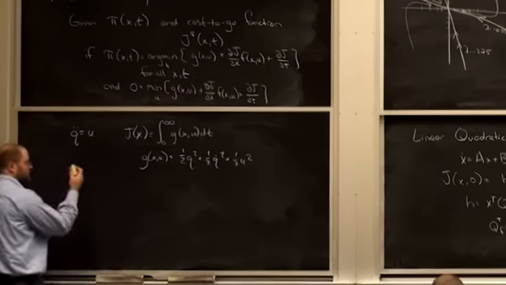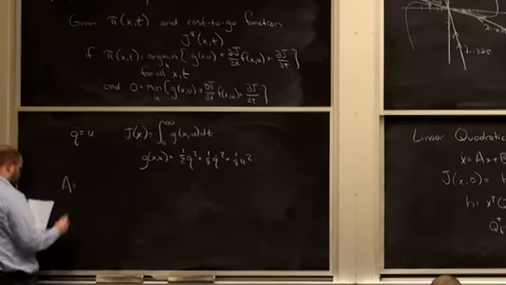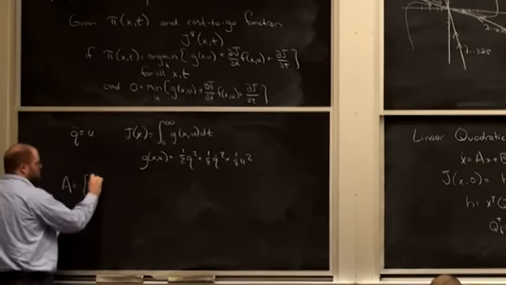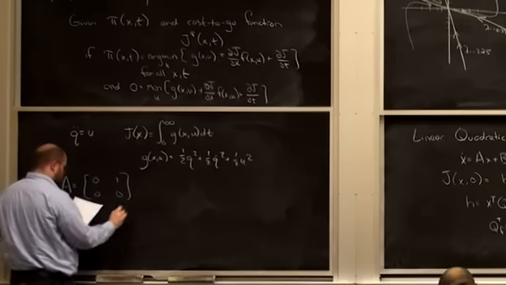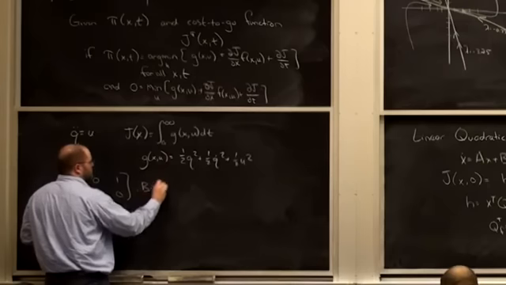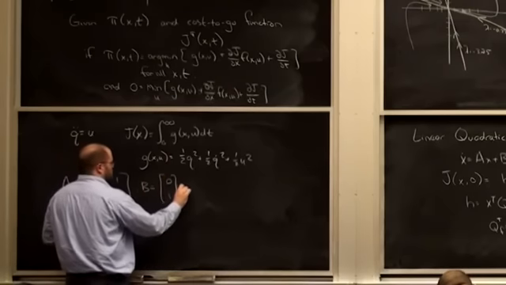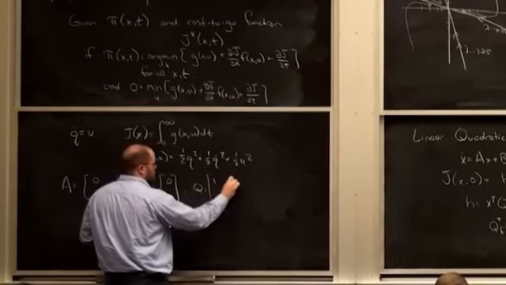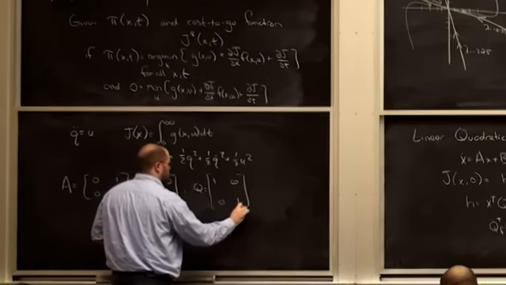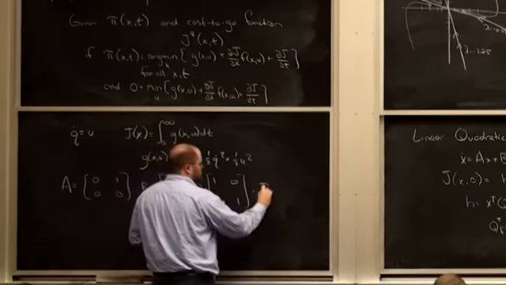So now that's exactly in the LQR form. A is [0, 1; 0, 0], B is [0; 1], Q is the identity matrix, and R is 1.